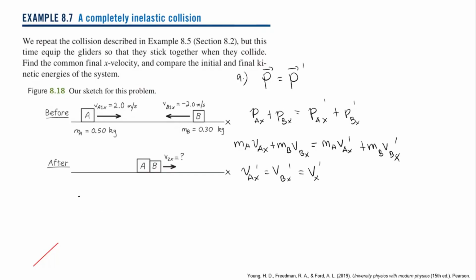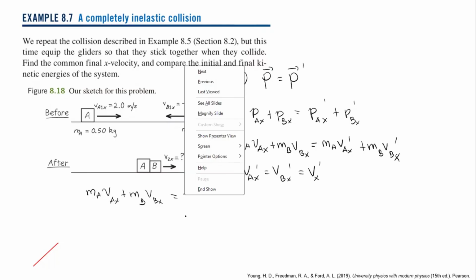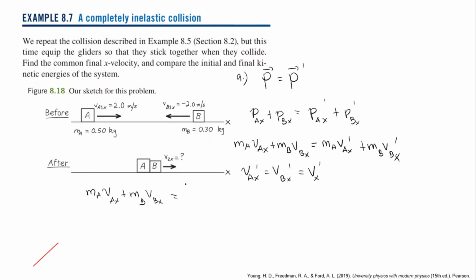So what will happen now is that MA VAX plus MB VBX is equal to MA plus MB times VBX prime.